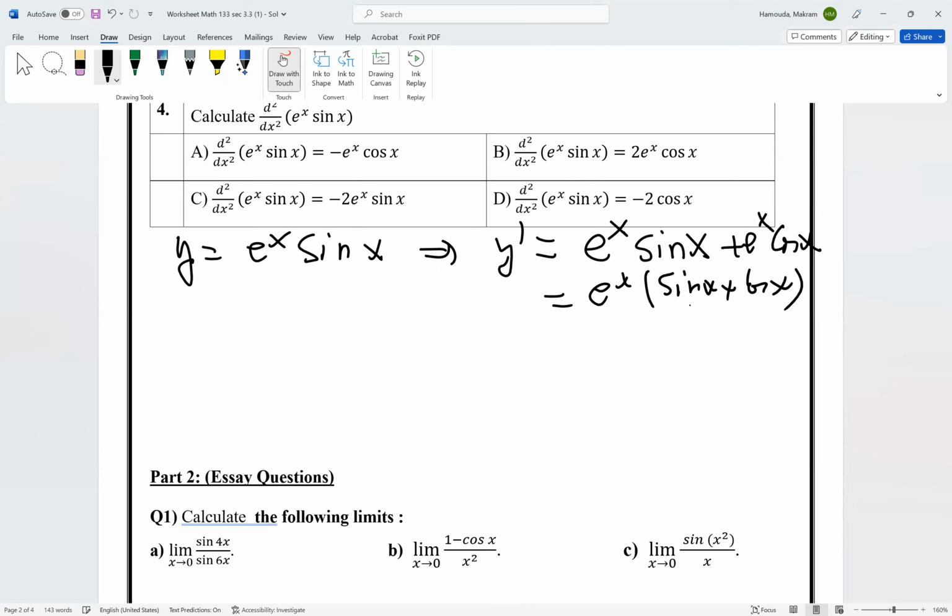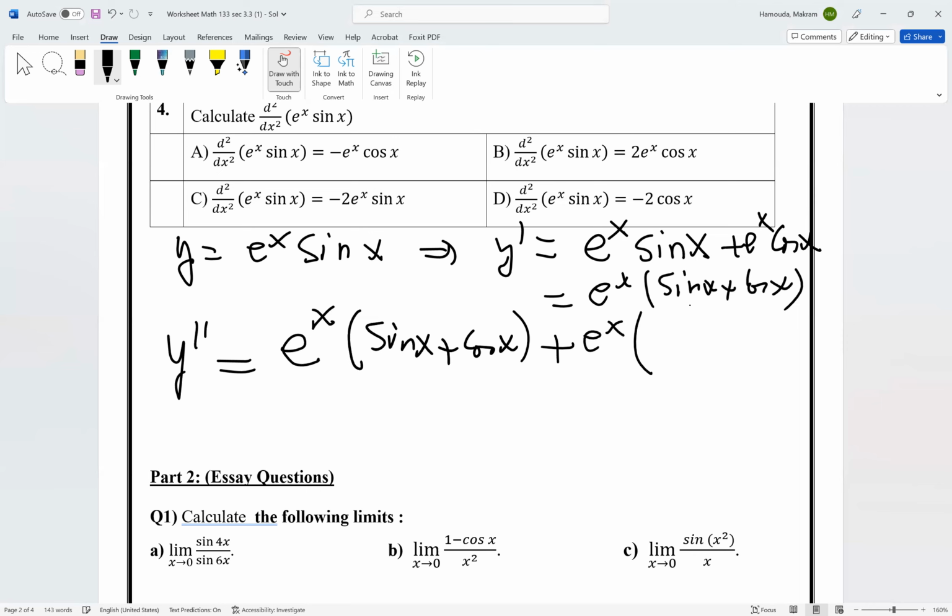Good. Then the second derivative, y second, again the product rule. So it's e^x derivative, it's the same, multiplied by sine x plus cosine x without derivative, then plus e^x multiplied by the derivative of sine plus cosine. Derivative of sine is cosine, and derivative of cosine, that's minus sine.